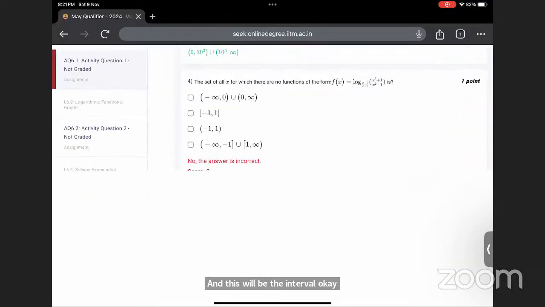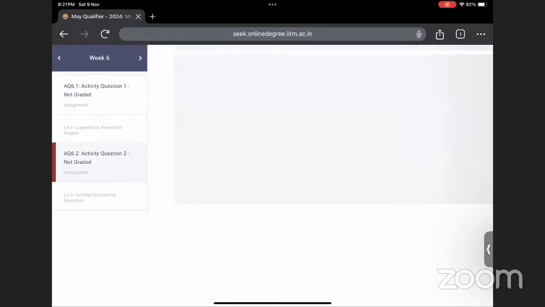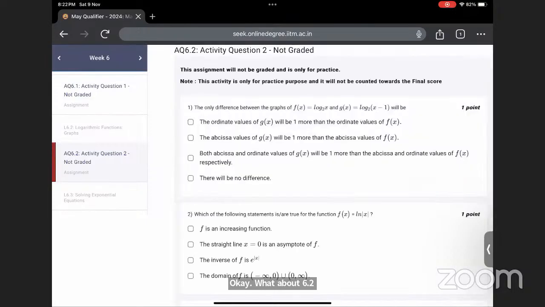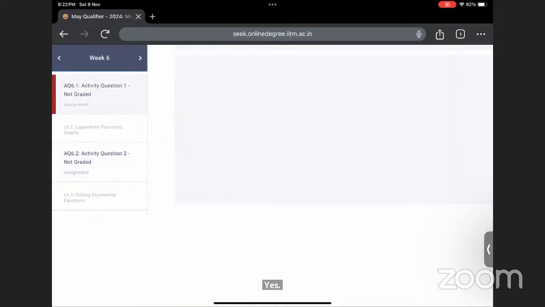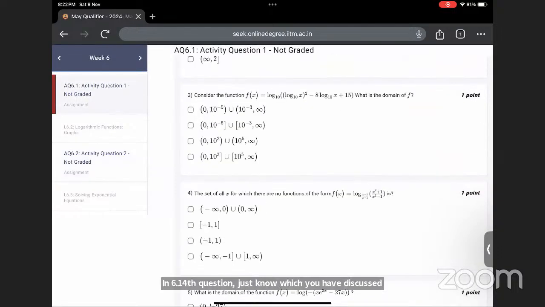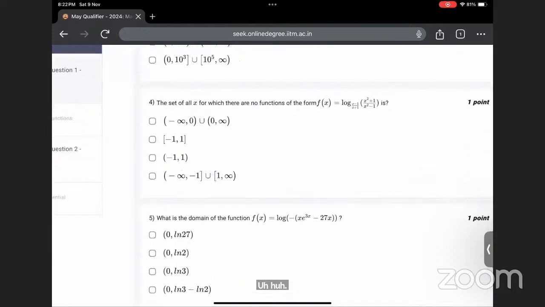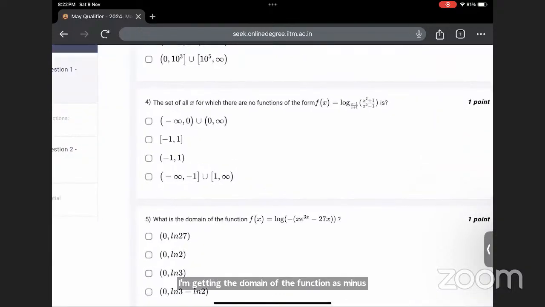What about 6.2? Is there any doubt in 6.2? Ma'am, in 6.1 the fourth question which you have just discussed, I'm getting the domain of the function as minus infinity to open bracket -1, union open bracket 1 to infinity.